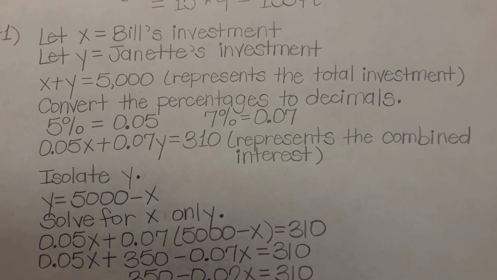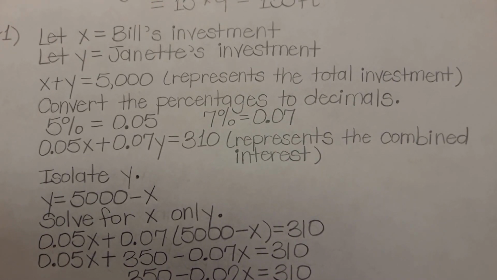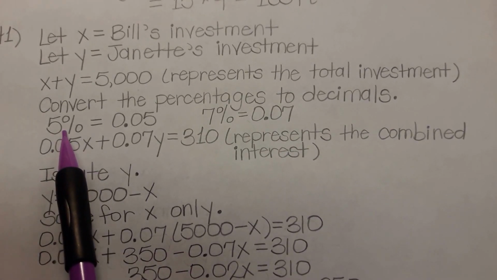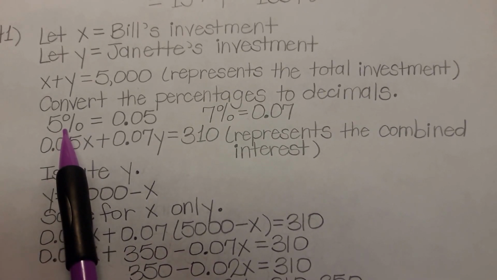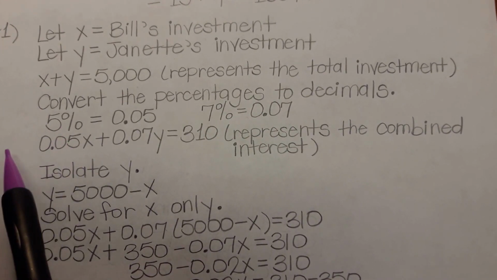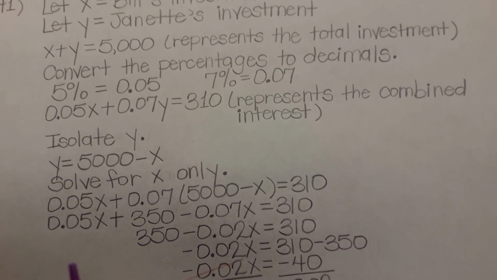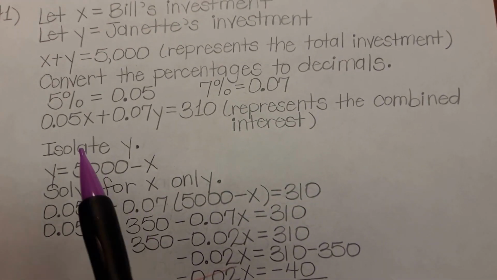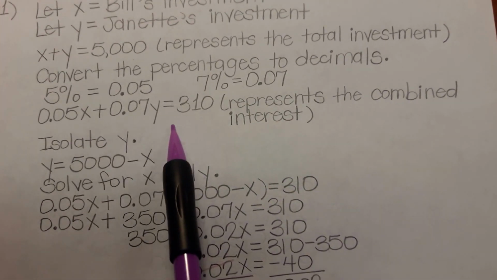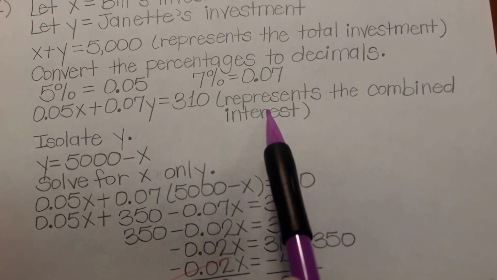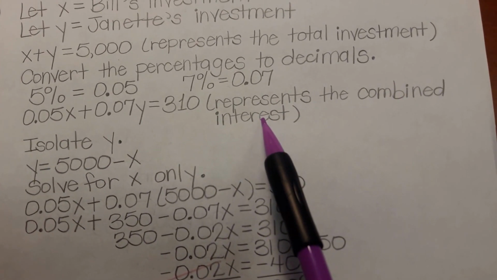Okay, so now we know that whenever you convert a percentage to a decimal, your decimal is understood to be to the right of the whole number, and you move it 2 spaces to the left. That's how we got these 2 decimal numbers. If you look at the second equation, that's how I did my second equation. This represents the combined interest.